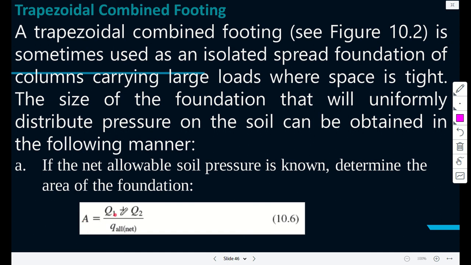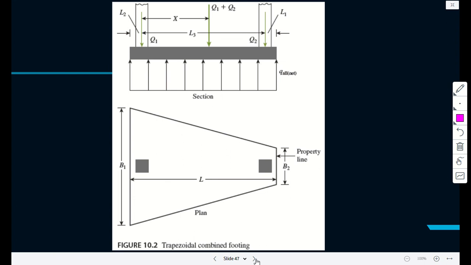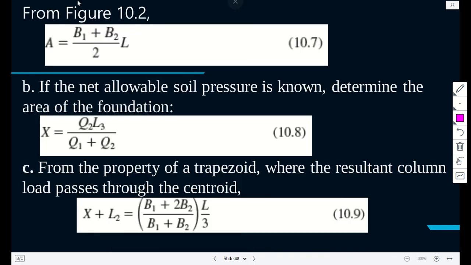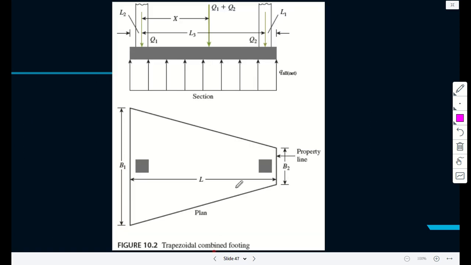Again, A is Q1 plus Q2 over Q allowable, as previously done. The same thing we've done previously, but now the shape is trapezoidal. So from figure 10.2, that's geometry.